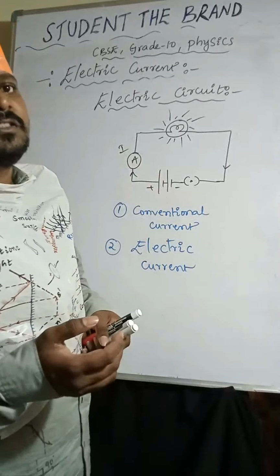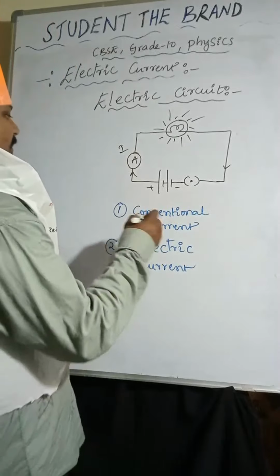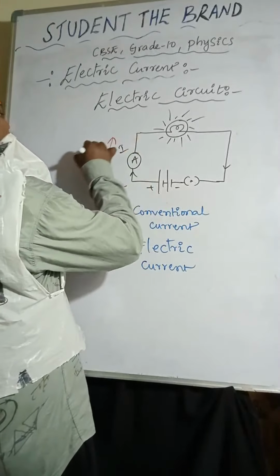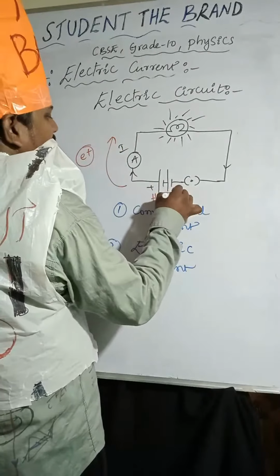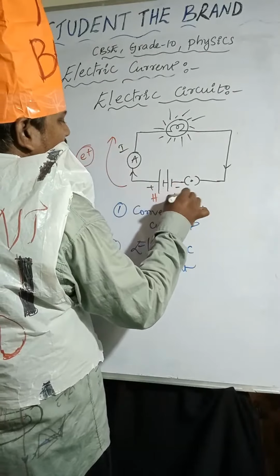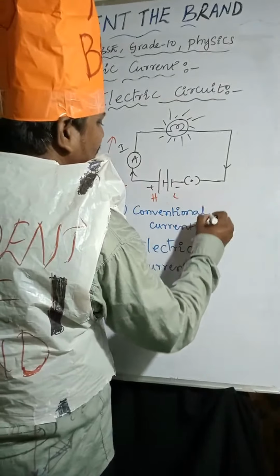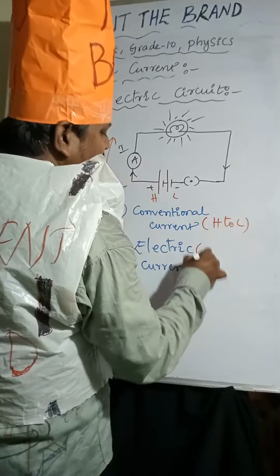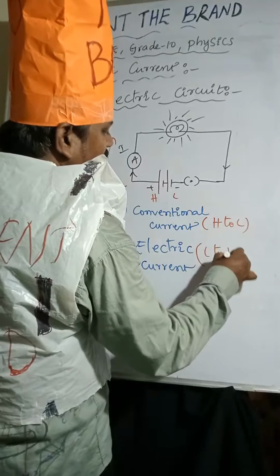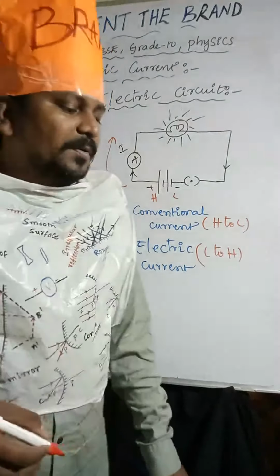Positive charges will move from high potential to low potential, whereas electrons will move from low potential to high potential.